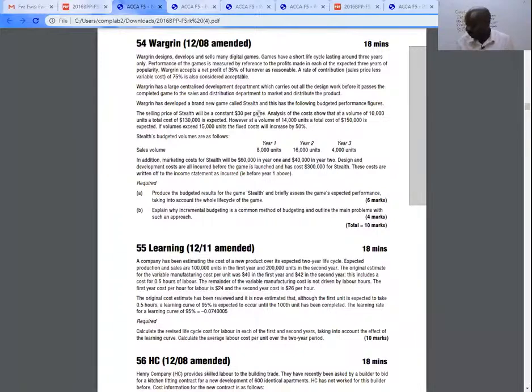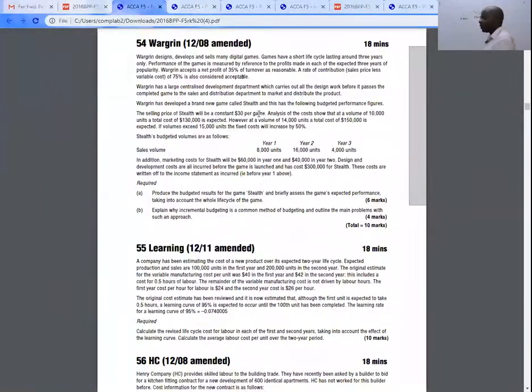This is what I will do. What they have told me, ladies and gentlemen, is that when x, the volume, versus TC or y: at a volume of 10,000, the total cost will be 130,000.